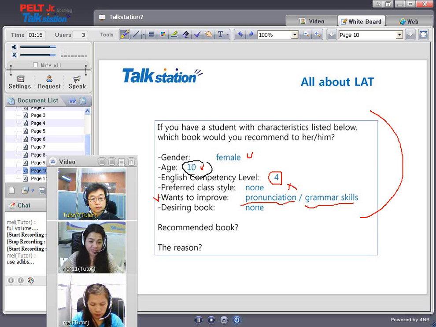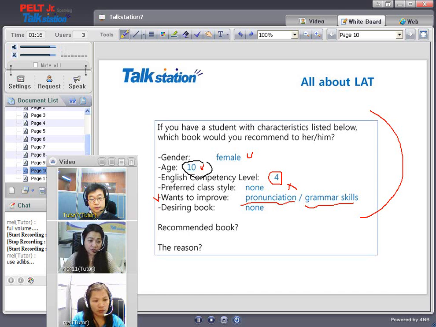So I can recommend Grammar Time and also Let's Go Grammar. And Mel is right, we can also have Side by Side, because those books are all integrated with pronunciation and grammar at the same time.